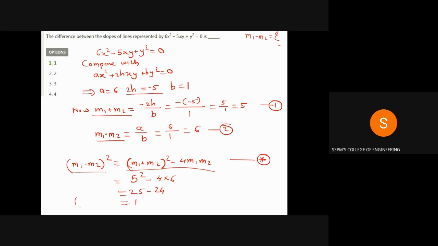That is, m1 minus m2 square is equal to 1. Therefore, m1 minus m2 is equal to 1. Plus minus 1 you can write, it is the same. Therefore, the correct option is 1.